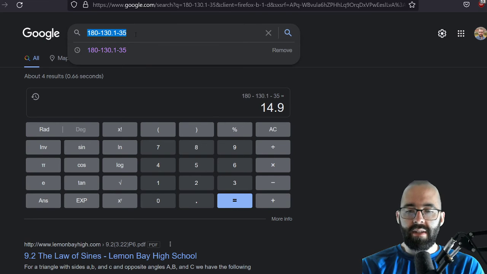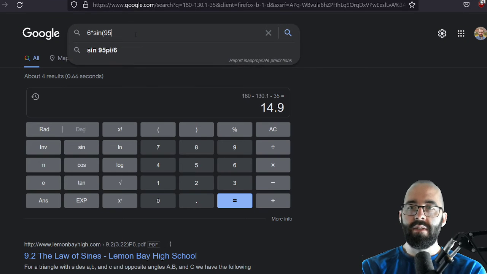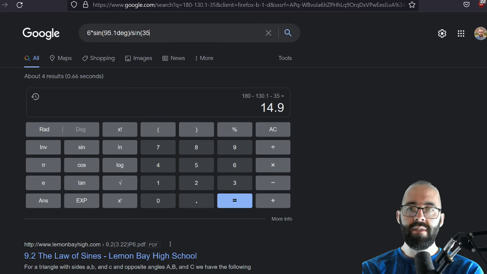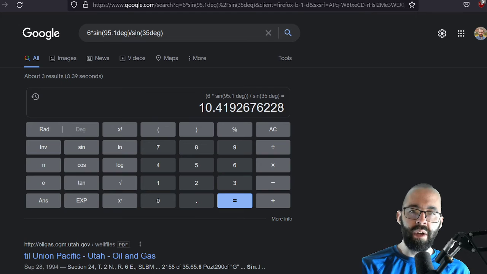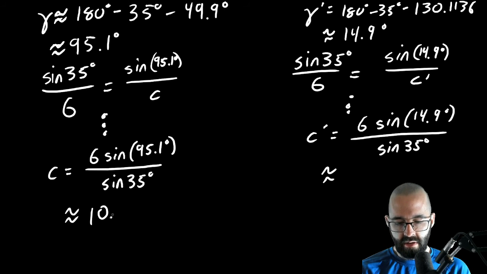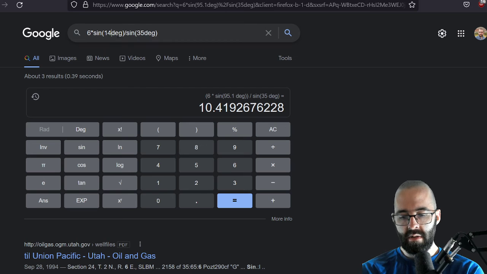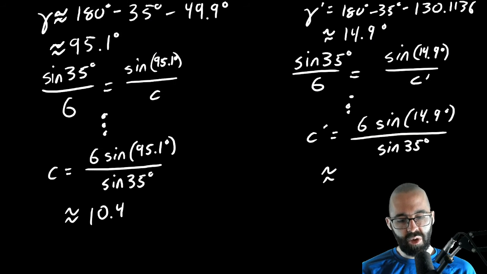So we go over here and say, okay, what is 6 times the sine of 95.1 degrees divided by the sine of 35 degrees? You're going to get about 10.4. And if you just change that top angle to 14.9 degrees, you have the same exact calculation for the other one, about 2.7.